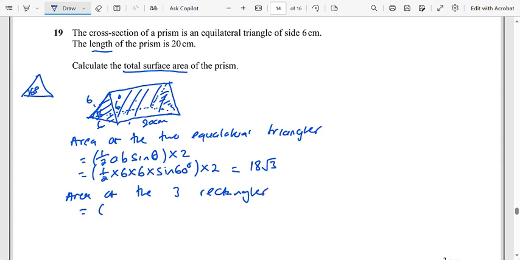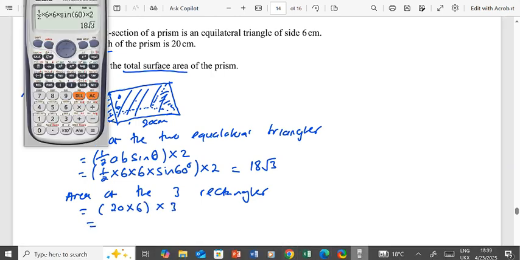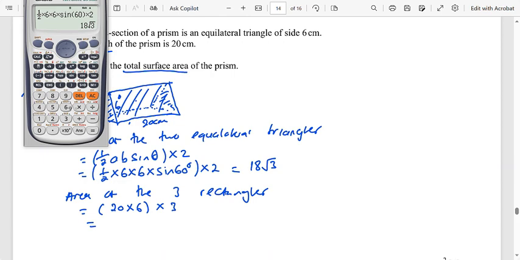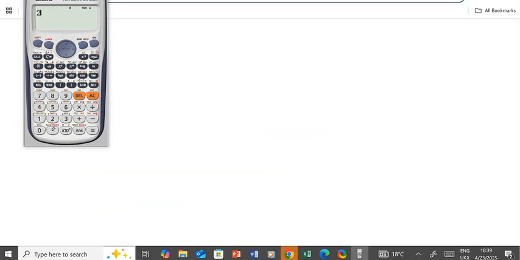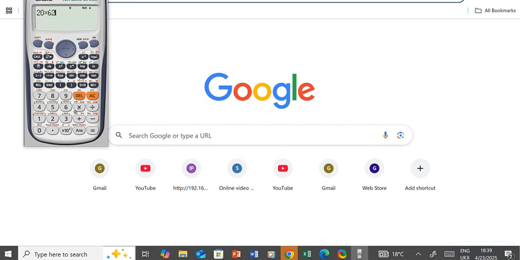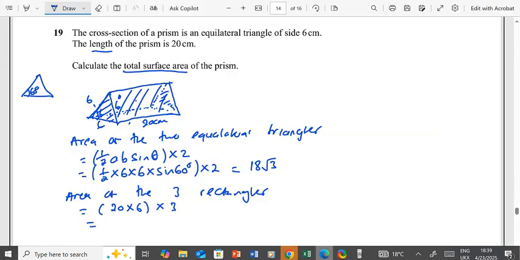So the area of the 3 rectangles is length times width, which is 20 by 6, but we multiply that by 3. Then we get 360.